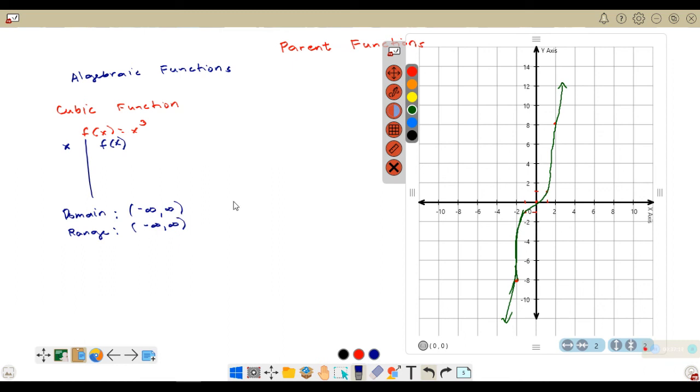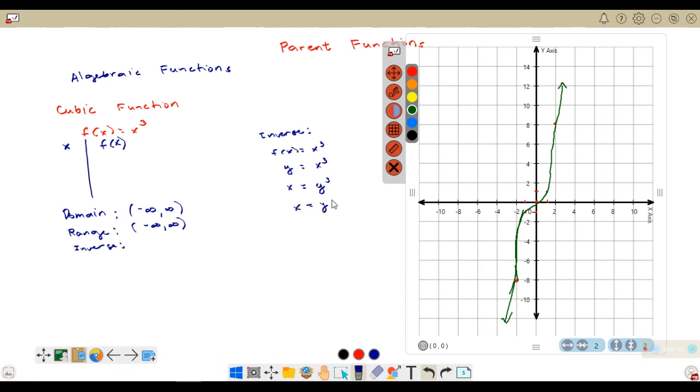Next, let's talk about the inverse. What will be the inverse? Compute ulit tayo ng inverse. We have f of x is equal to x cubed. Ang parent niya, we have y is equal to x cubed. Interchange y and x. We have x is equal to y cubed. Now, to get the value of y, sulat nga natin siya dito.